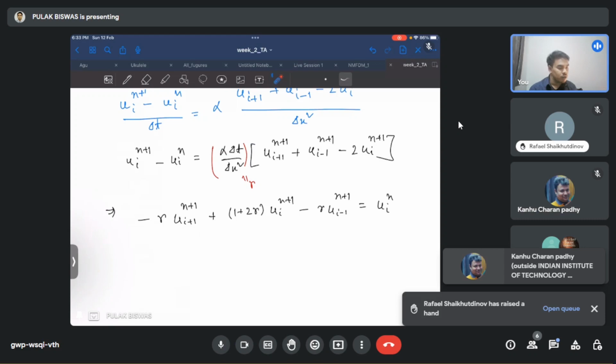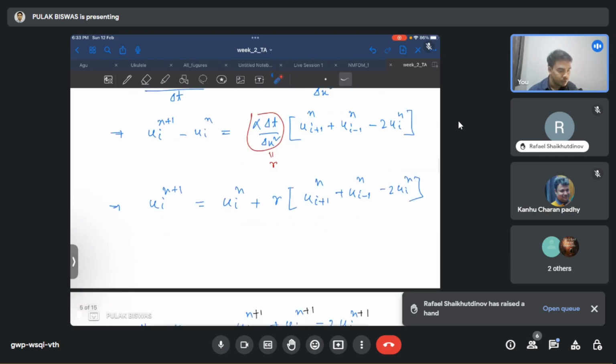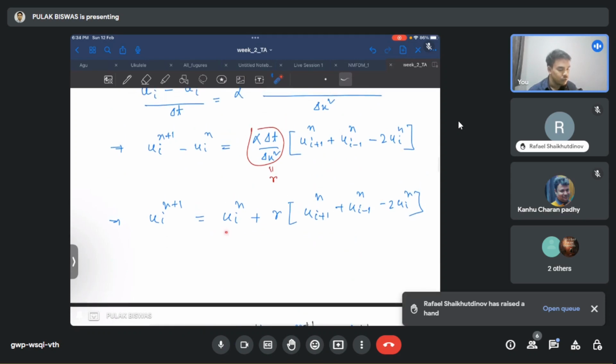But we cannot solve this in one step. We cannot directly use this value to calculate the next iteration value. We could have used it if we know the values at the ith position or whatever grid positions are there, then we can calculate for the next step.